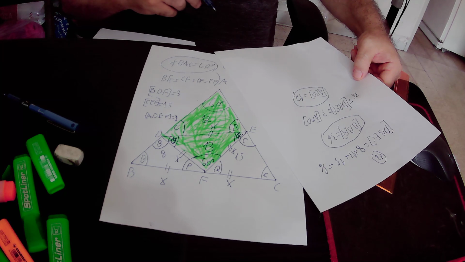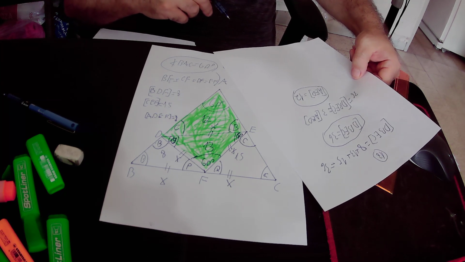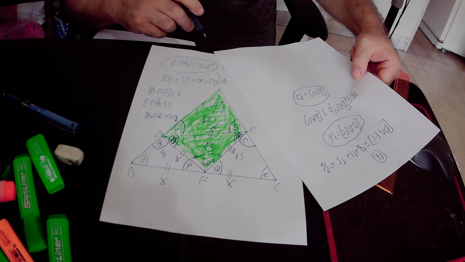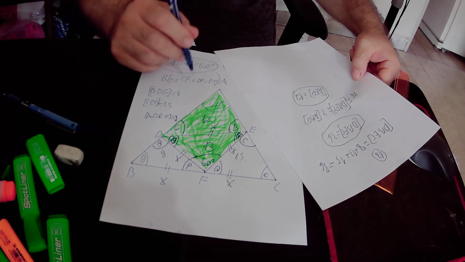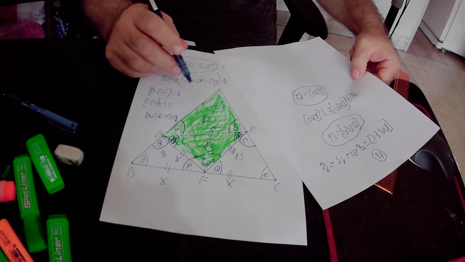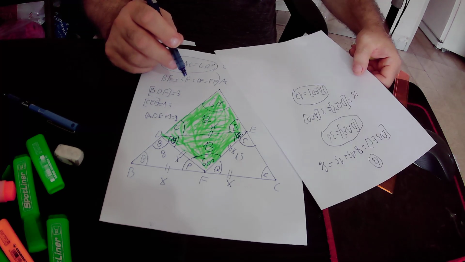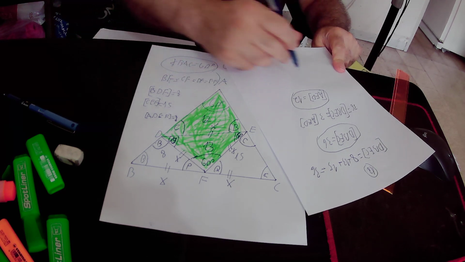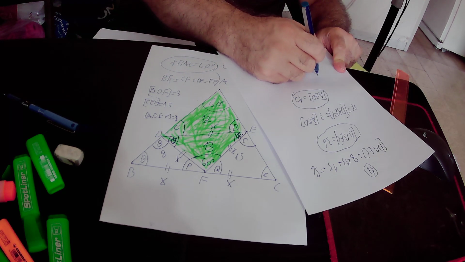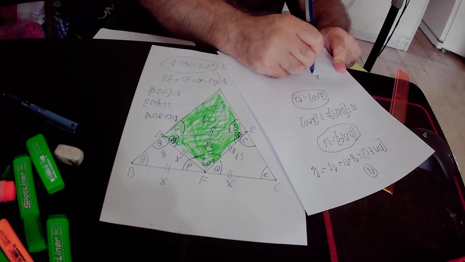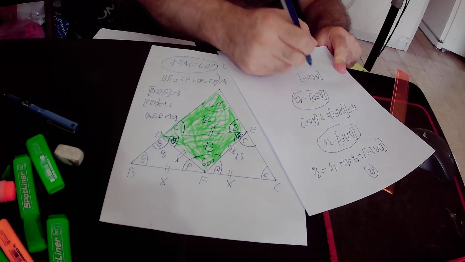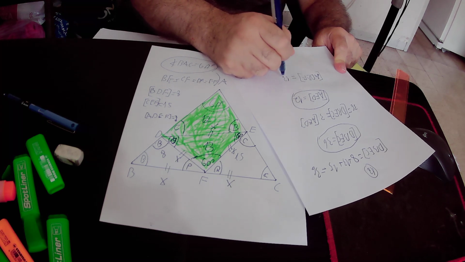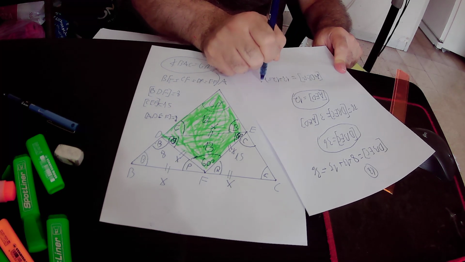We can also say that the area of shape ADEF, the green shape, equals 13 plus 12, that is 25.